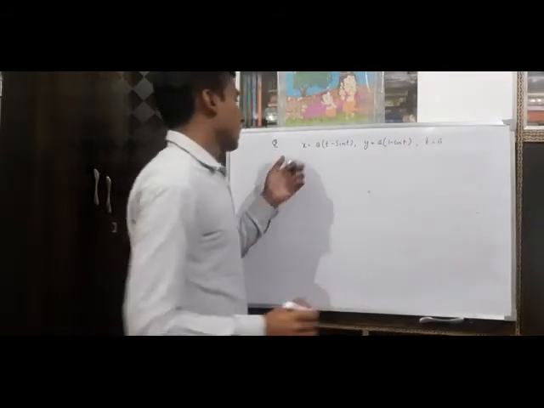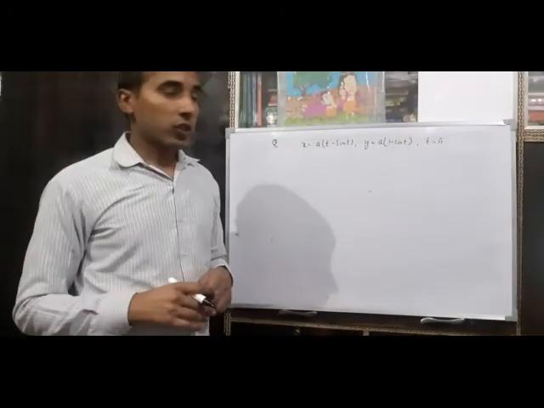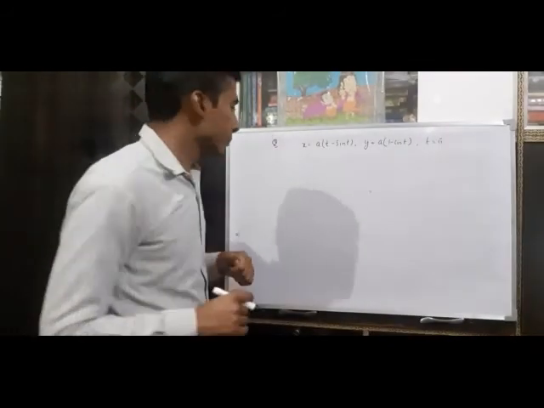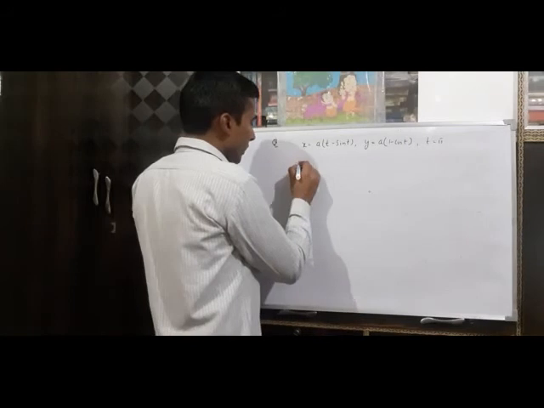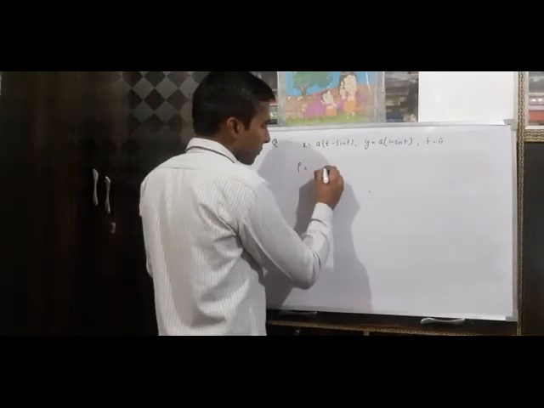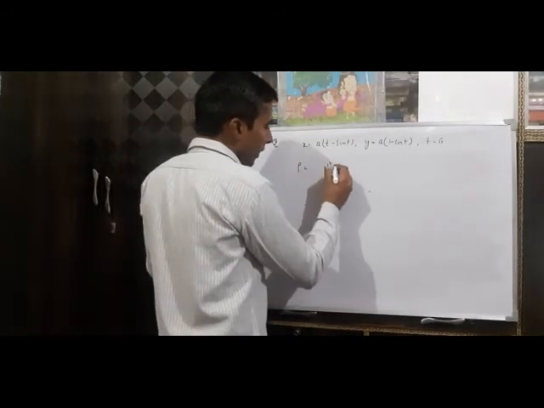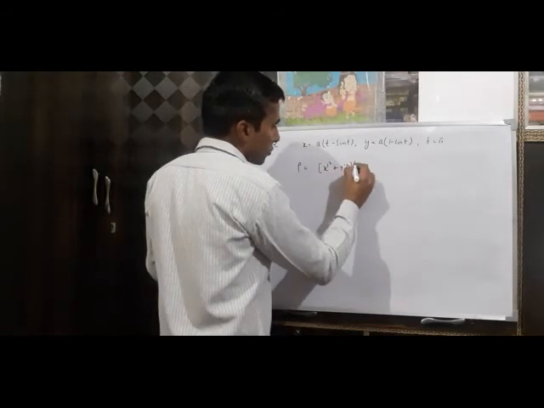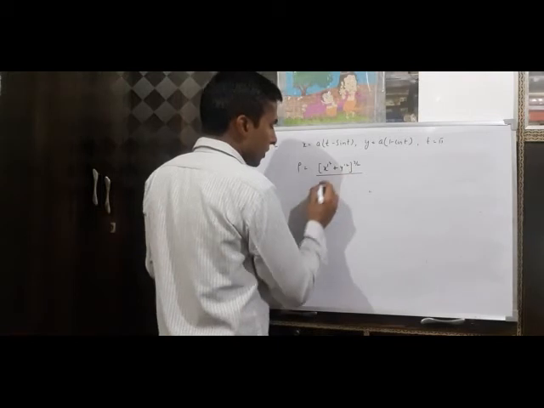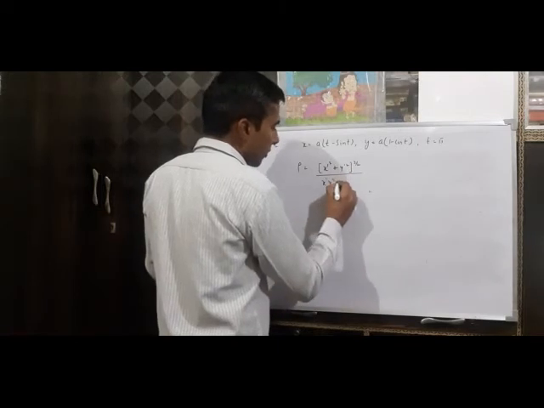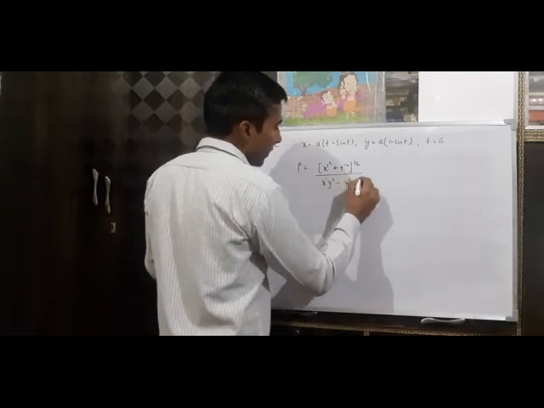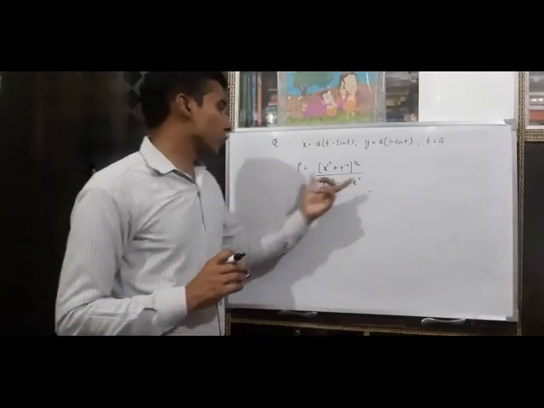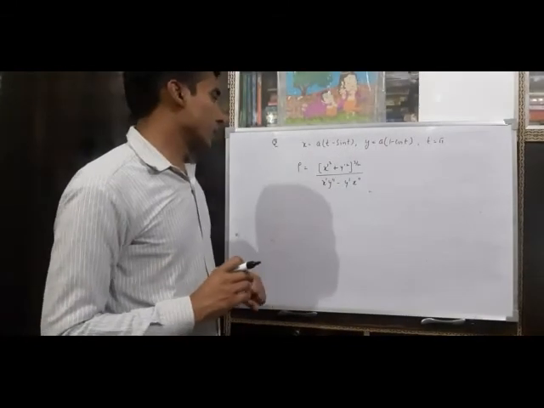Determine the curvature as well as the radius of curvature for this parametric curve at the point t equal to pi. As we know, the radius of curvature in this case is x prime square plus y prime square raised to power 3 by 2 upon x prime y double prime minus y prime x double prime.